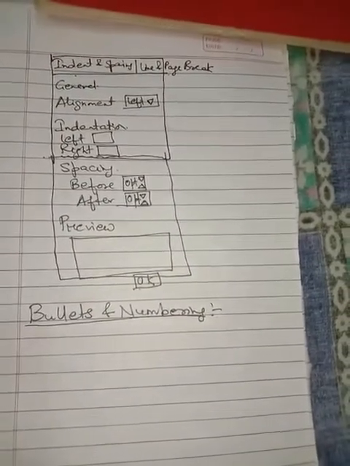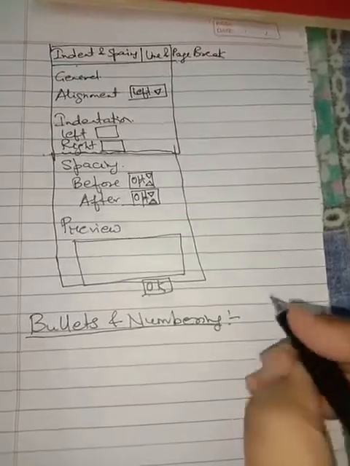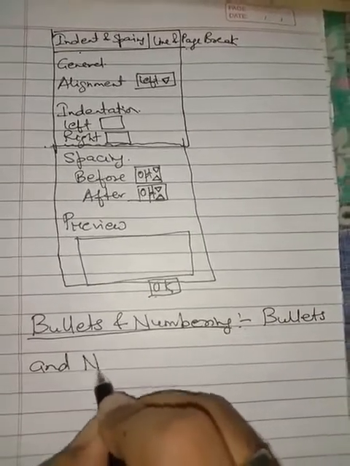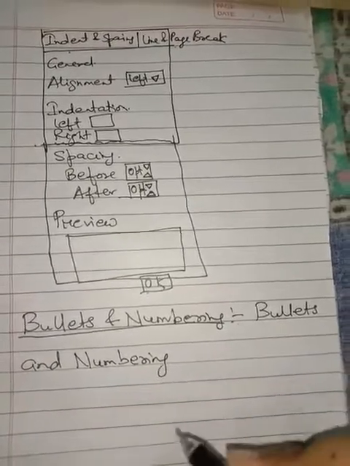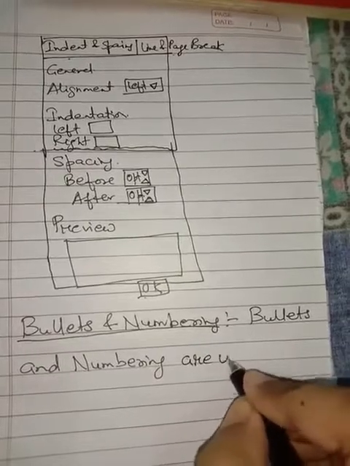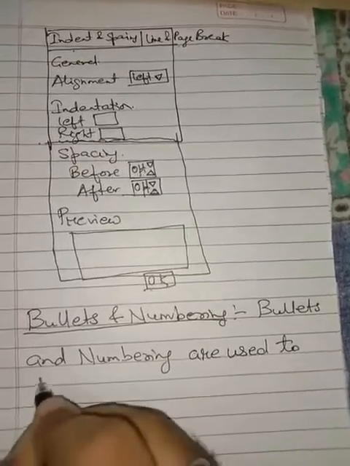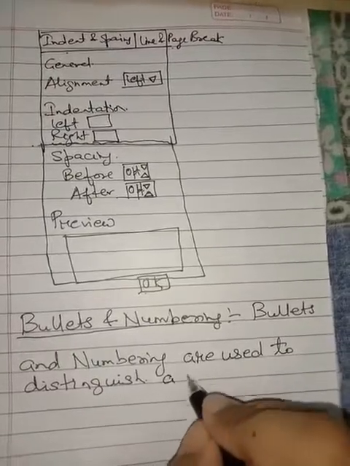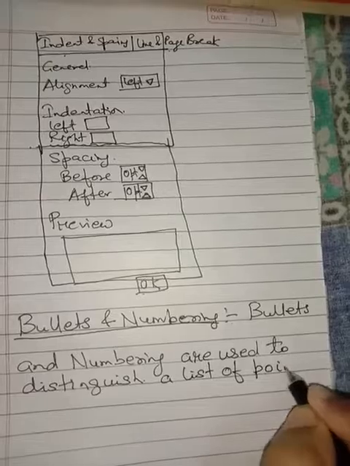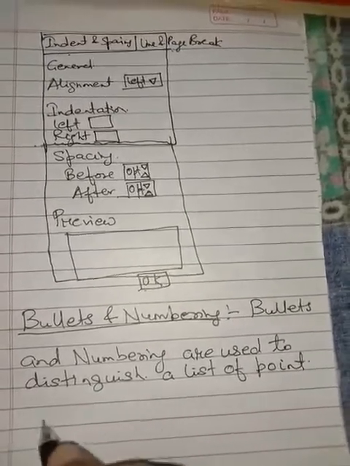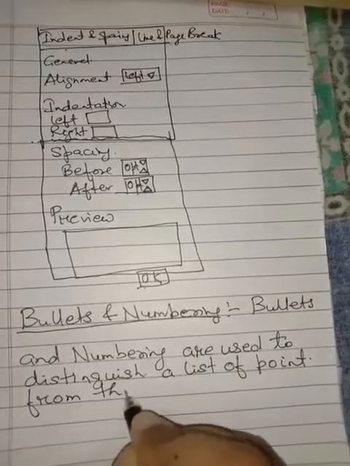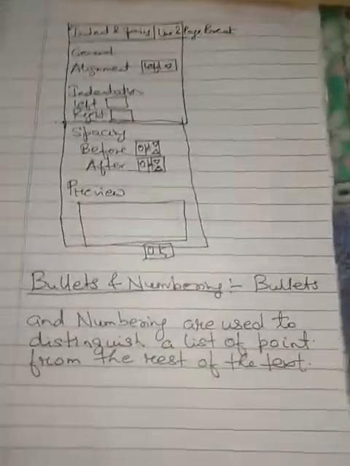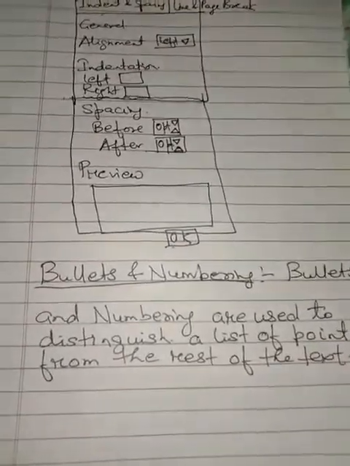Bullets and numbering are used to distinguish a list of points from the rest of the text.